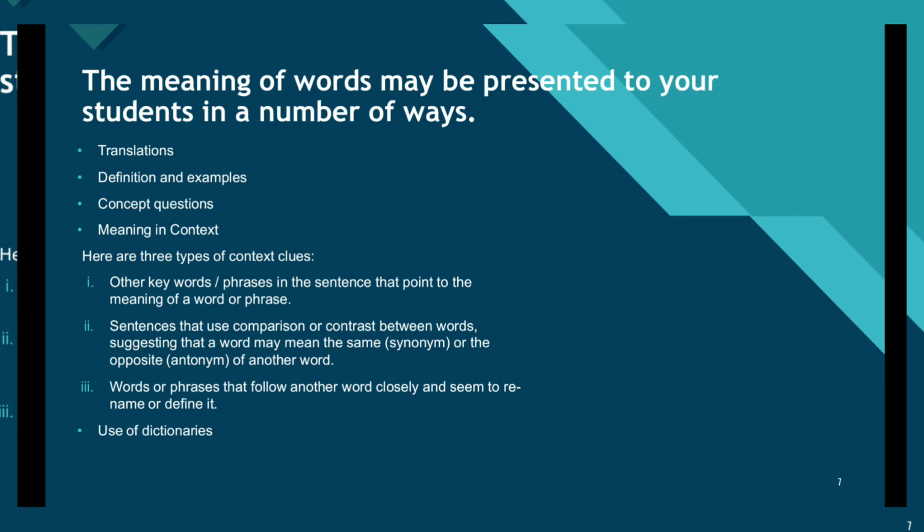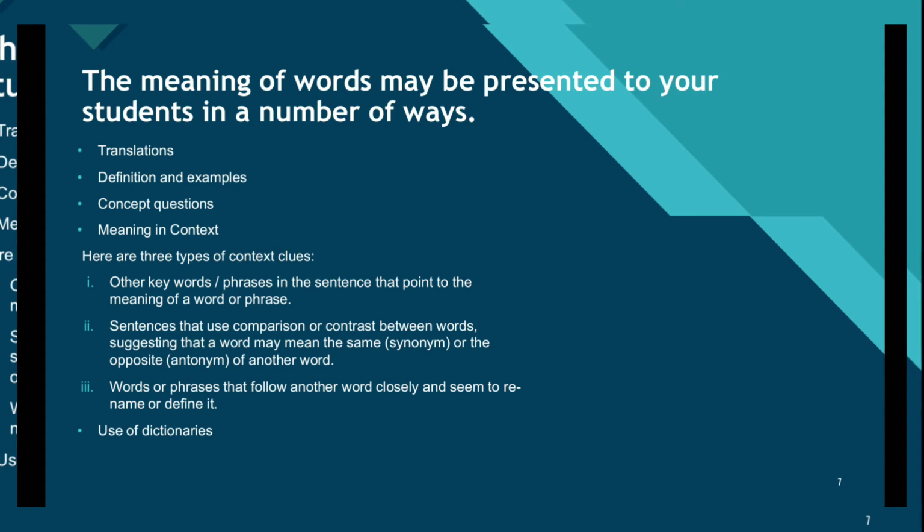Next, sentences that use comparison or contrast between words, suggesting that a word may mean the same (synonym) or the opposite (antonym) of another word. Third, words or phrases that follow another word closely and seem to rename or define it.